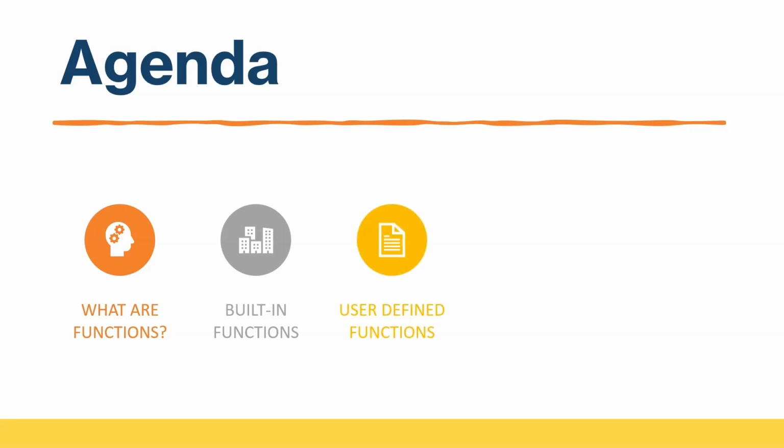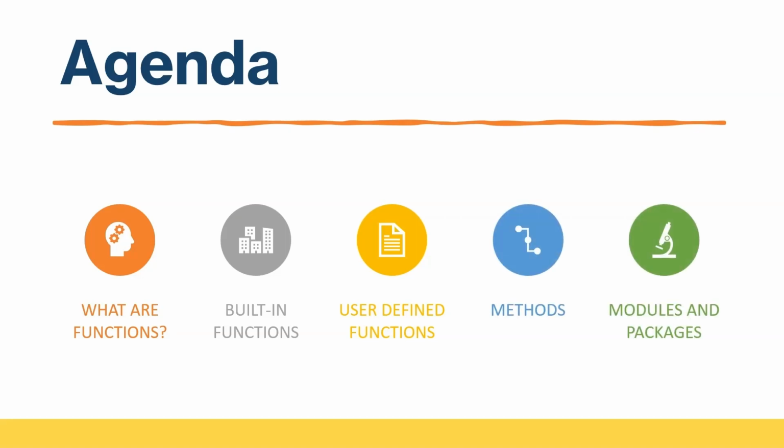So built-in functions are those functions already defined within Python, while user-defined functions are functions we have the pleasure of creating ourselves. Then we'll learn about methods, modules, and packages. You just have to wait and see what those are.